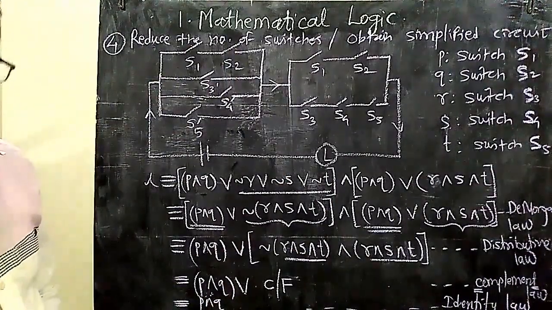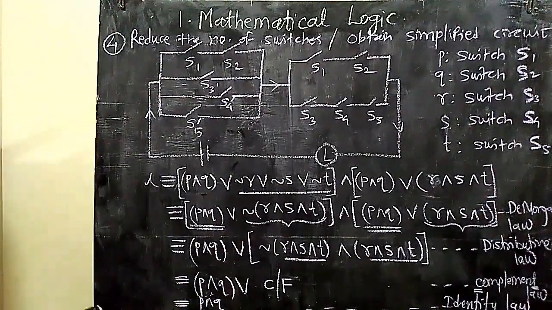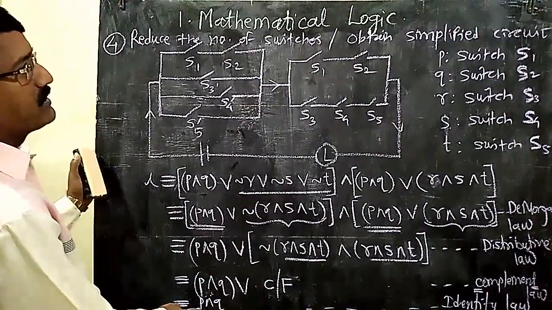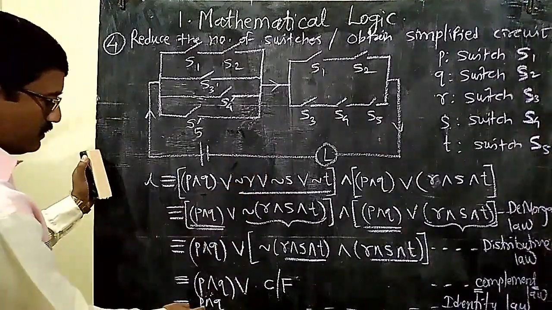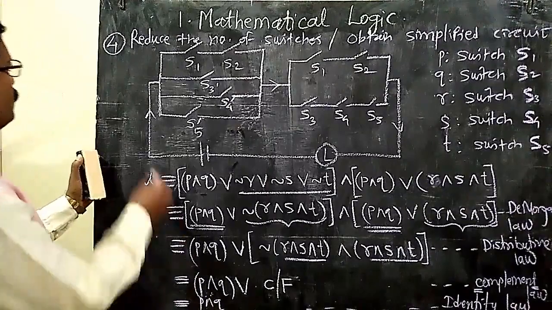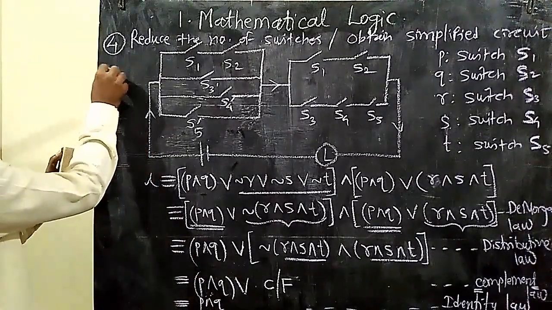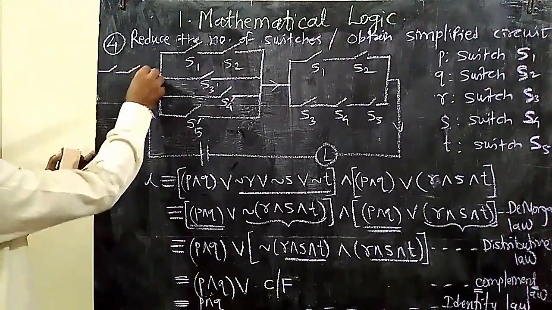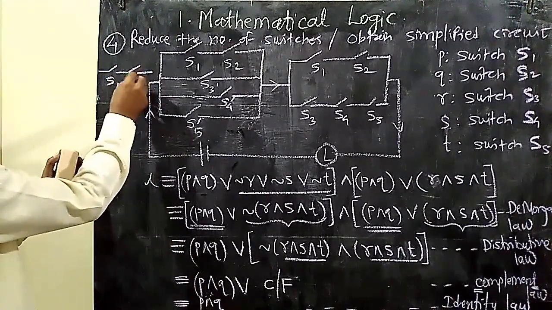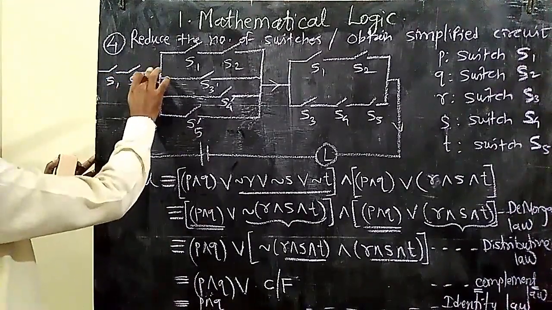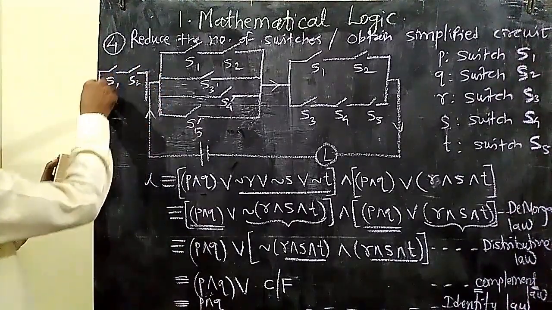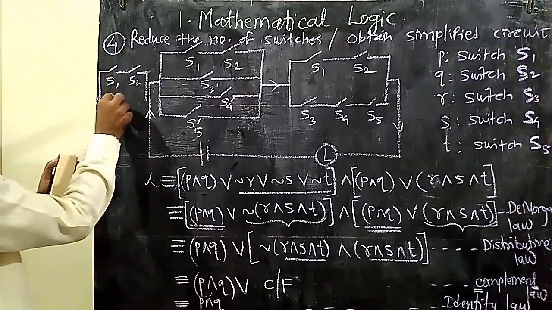So what will be the simplified circuit for this? It contains two switches, P for switch S1, Q for switch S2, and conjunction means series combination. So we get a simplified figure that contains only two switches, S1 and S2, which are in series.